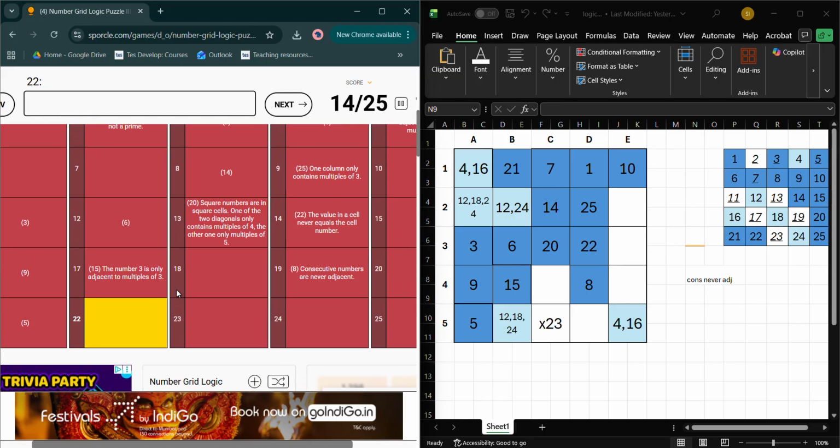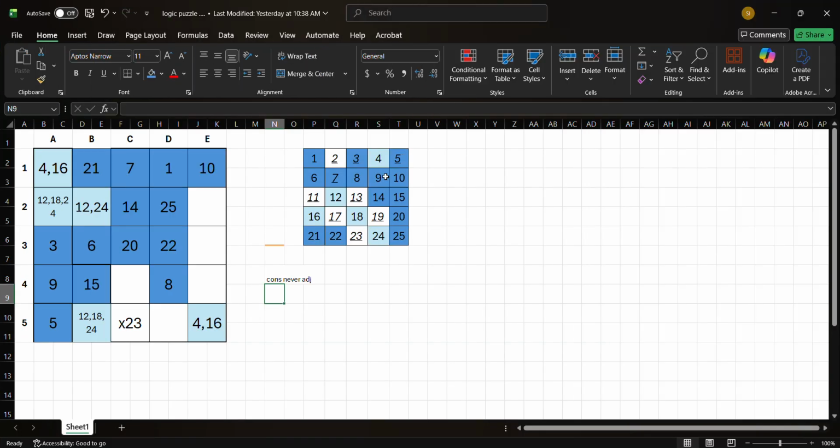Okay, so we didn't get any more information, which means we must have information to use that we haven't yet. So there's not many numbers left at all. So it might be worth putting in all the numbers we have so far. So I think I'll do that.